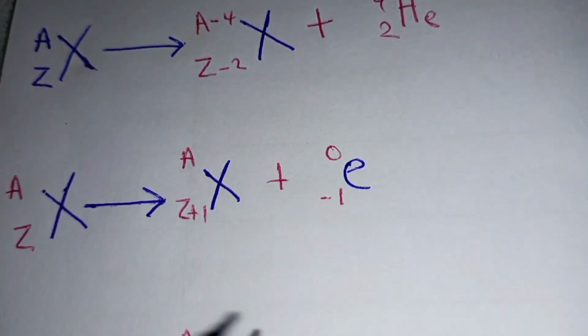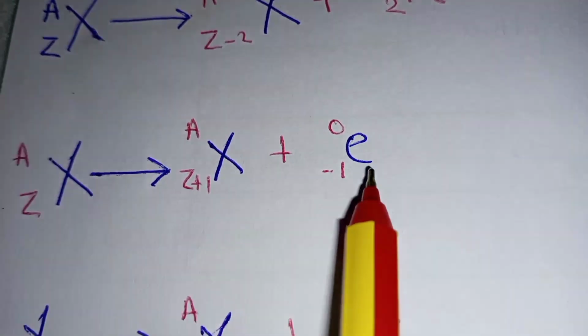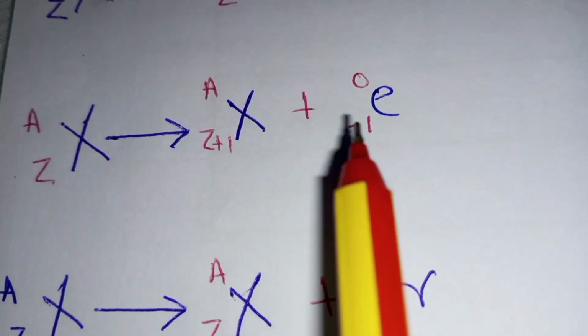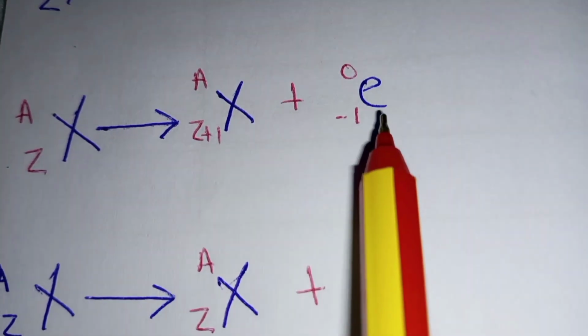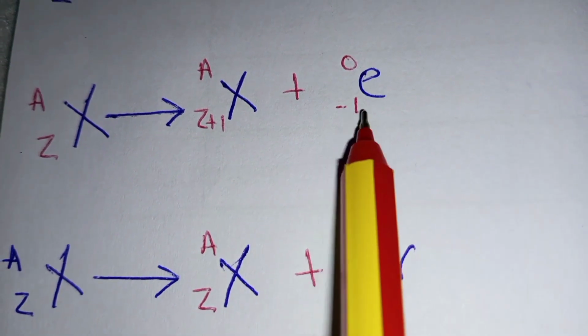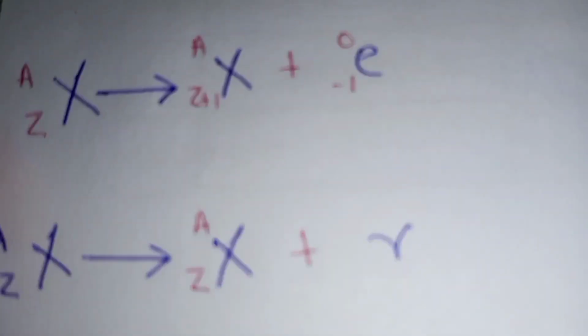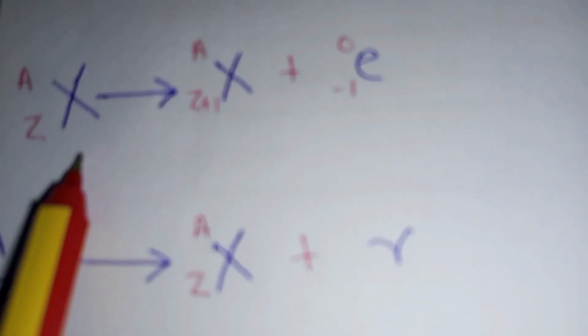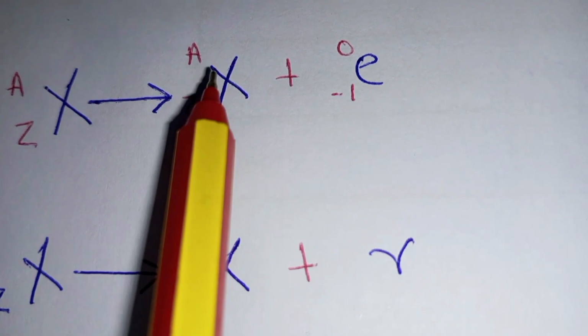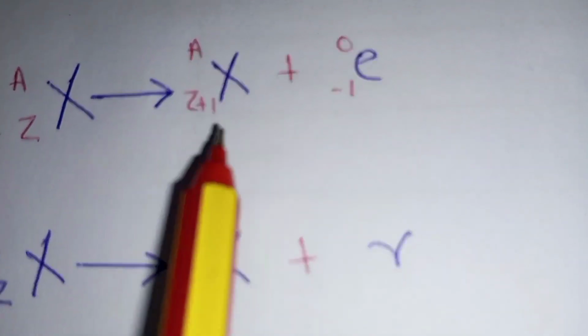Number 2, there is what is called beta particle. Research has revealed that beta particle is basically an electron, and we represent it as 0, -1. This is an electron. So whenever an unstable nuclide, which is the parent nuclide, decays by the release of beta particle, the mass number remains the same and the atomic number increases by 1.